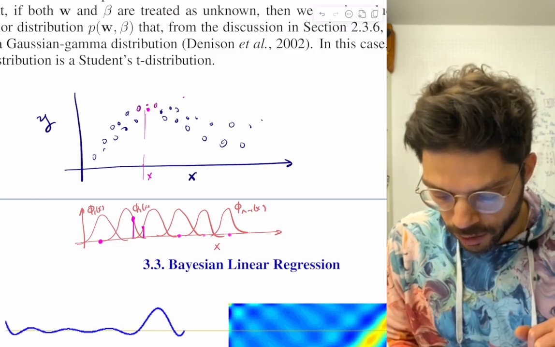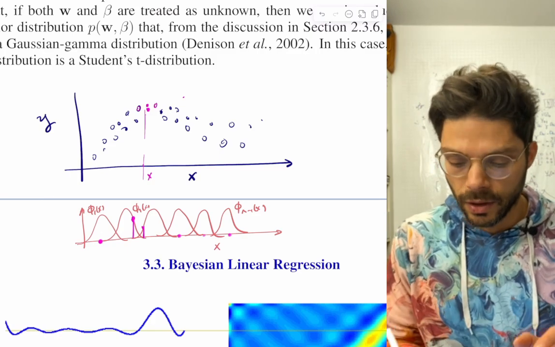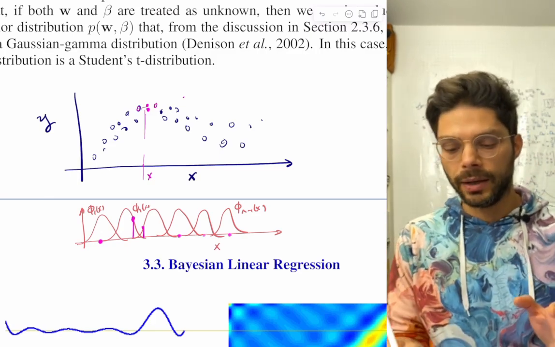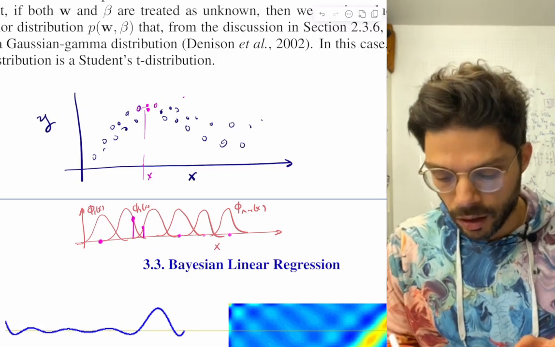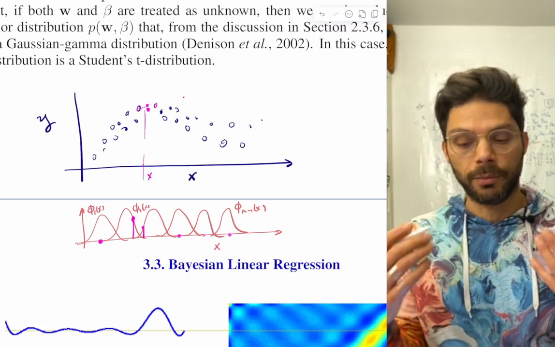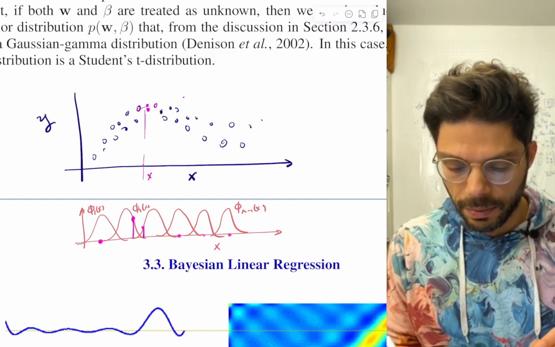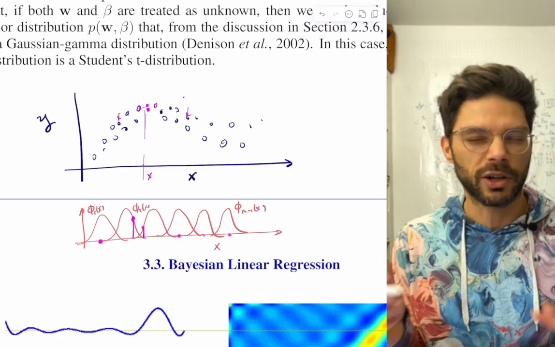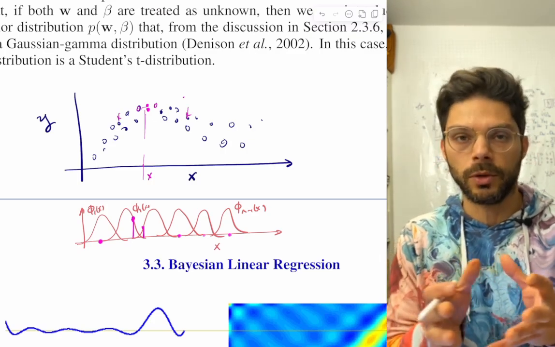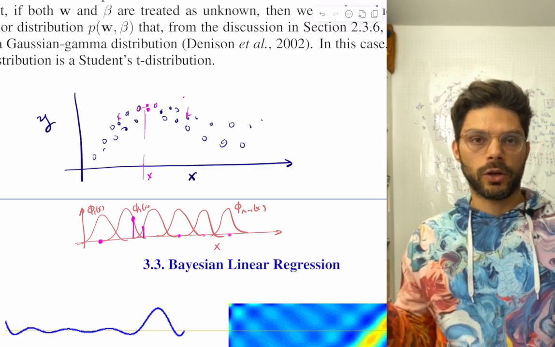So the value should be halfway, some kind of average of the values of the training data points near it. The nearby points should contribute a lot, and the farther out points shouldn't contribute anything.